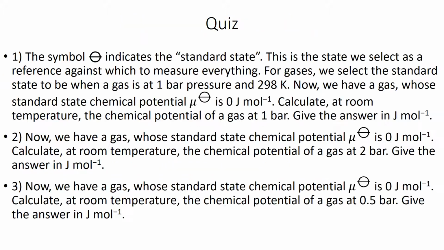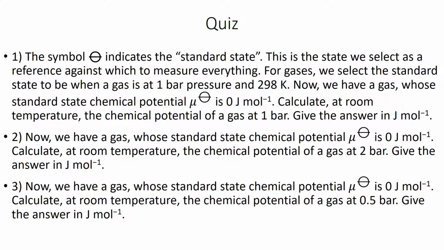All right, that brings us to the end of the lecture, and we have quite an involved quiz. So I'll just read the questions for you. Question number 1. The symbol circle dash indicates the standard state. This is the state we select as a reference against which to measure everything.